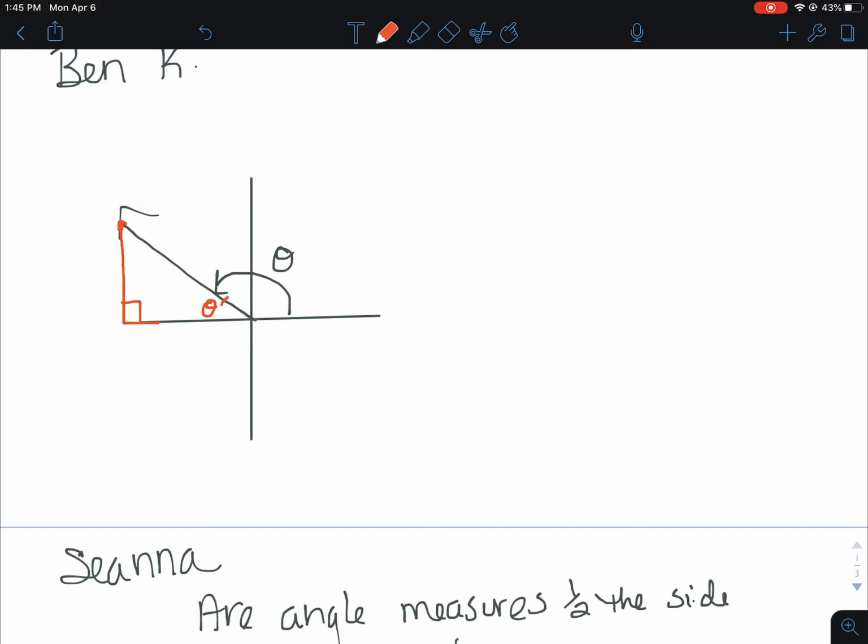And your reference angle, theta prime, is closest to the origin. So if our obtuse angle was maybe actually 120, right, over here, then the reference angle would be 60 degrees, or 180 minus 120.